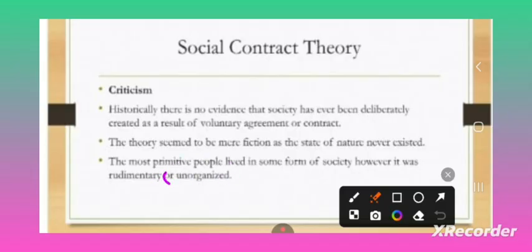Impossibility: it is unlikely that an immense group of unruly, primitive people could come together and agree to form a state in an orderly manner. The most primitive people lived in some form of society, however rudimentary or unorganized.